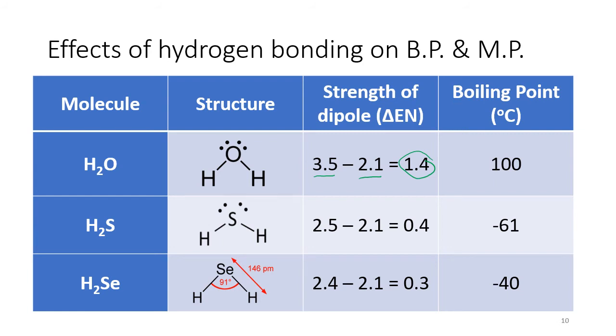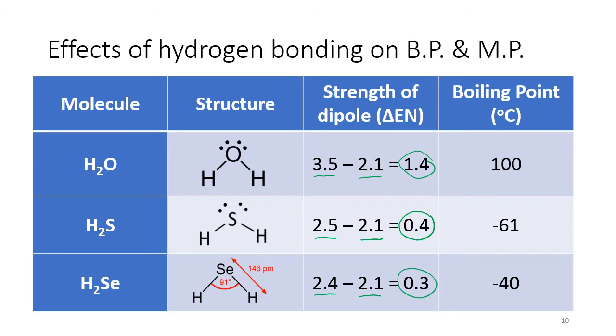They won't form hydrogen bonds, but they will form dipole-dipole interactions in their molecules. If we compare the difference in electronegativity, we'll see that it decreases compared to that of oxygen and hydrogen. Sulfur has an electronegativity of 2.5, hydrogen 2.1. The difference between those two is only 0.4. For selenium, the electronegativity is 2.4. For hydrogen, 2.1, and the difference is 0.3.